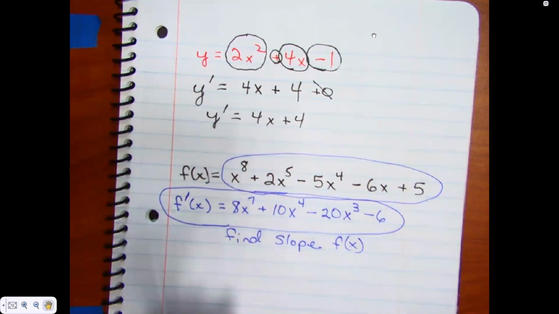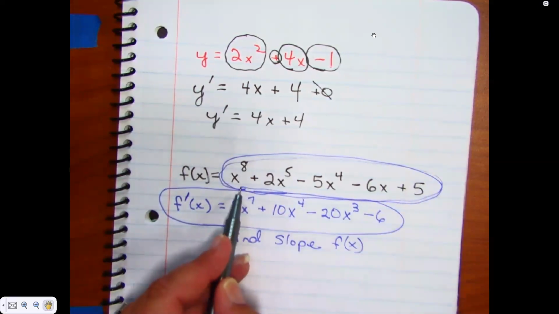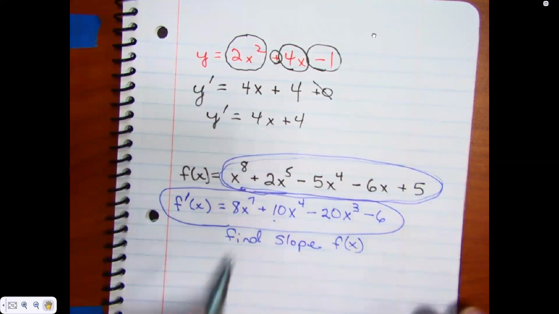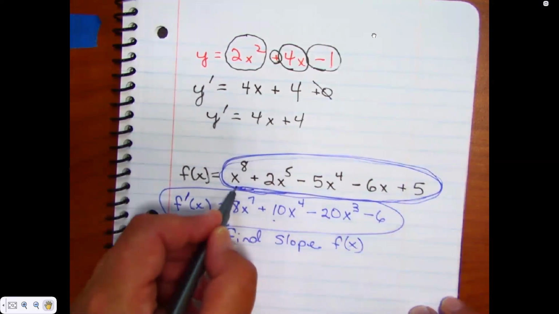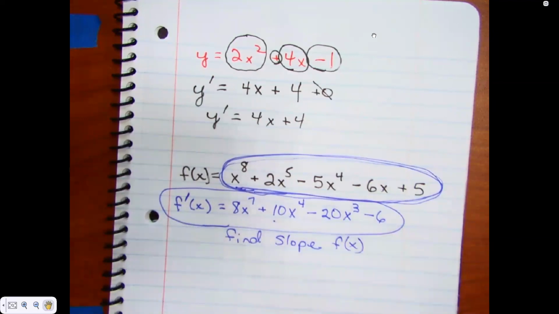I want slope on this graph when x is 2. I actually plug it into this equation, and that'll give me the slope. I want the slope on this graph when x is 7. How am I going to find the slope when x is 7? Plug it into the derivative. The derivative finds you the slope.